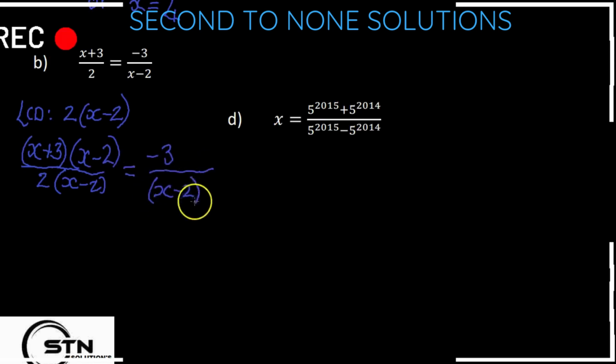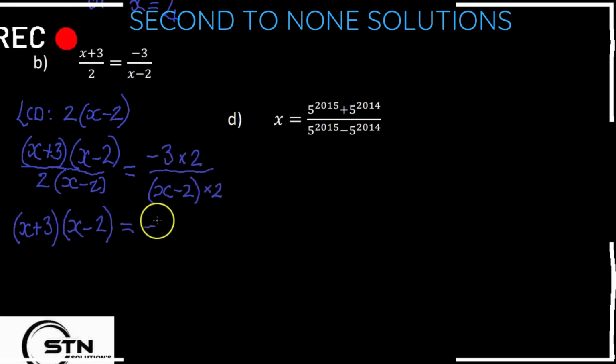That's the original fraction, but now I need to make it 2(x minus 2), so I'm going to multiply both the top and the bottom by 2. Because our denominators are the same value on both sides of the equal sign, we can just drop them. And now we have (x plus 3) into brackets (x minus 2) is equal to, well, let's just multiply that out because it's nice and easy, negative 6.